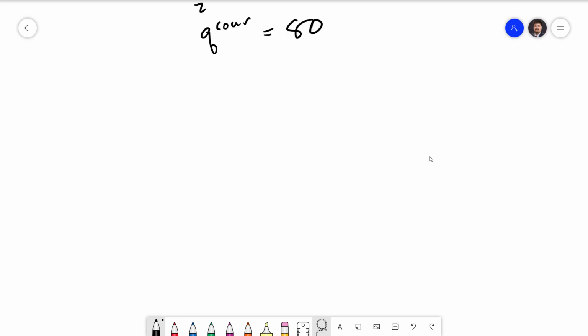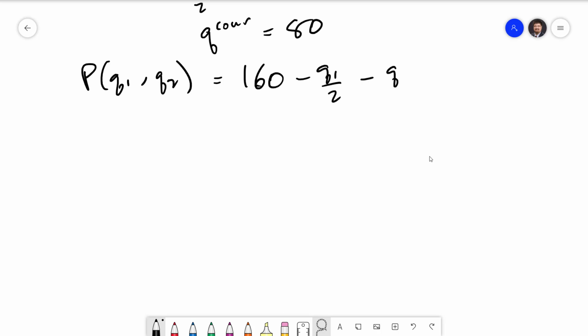The last thing we need to do is plug these quantities in to get our equilibrium price and profit. Recall that our inverse demand function was P of Q1, Q2 equals 160 minus Q1 over 2 minus Q2 over 2. From here, we just need to plug the quantities in.